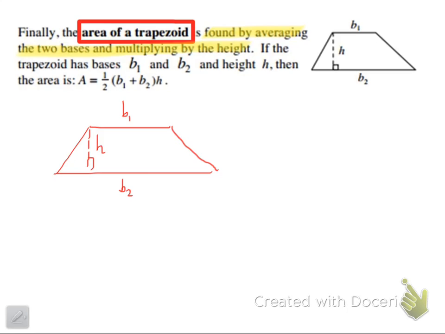What I want us to do is flip, if you will, this trapezoid up right here. So we're going to mirror this length here, so the exact same length here. We're going to mirror this length here.